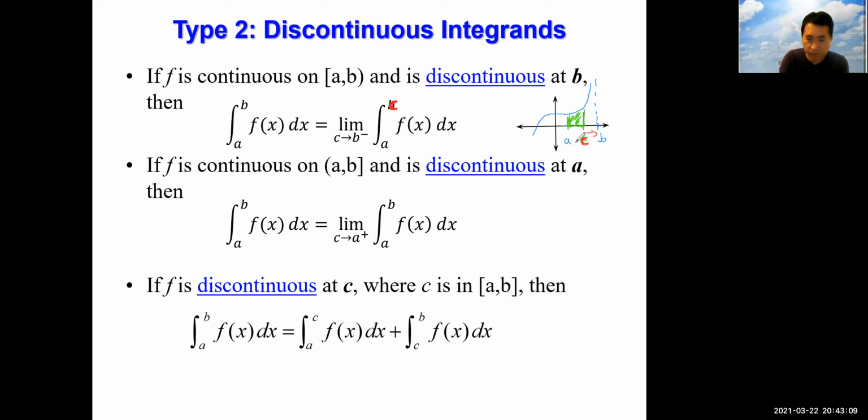Okay, and then case 2 is when the function is not continuous at a, at the low end. So at the low end, we can replace a with c. Again, that's supposed to be a c. Then c approaches a from the right, like the example I just did a few moments ago.